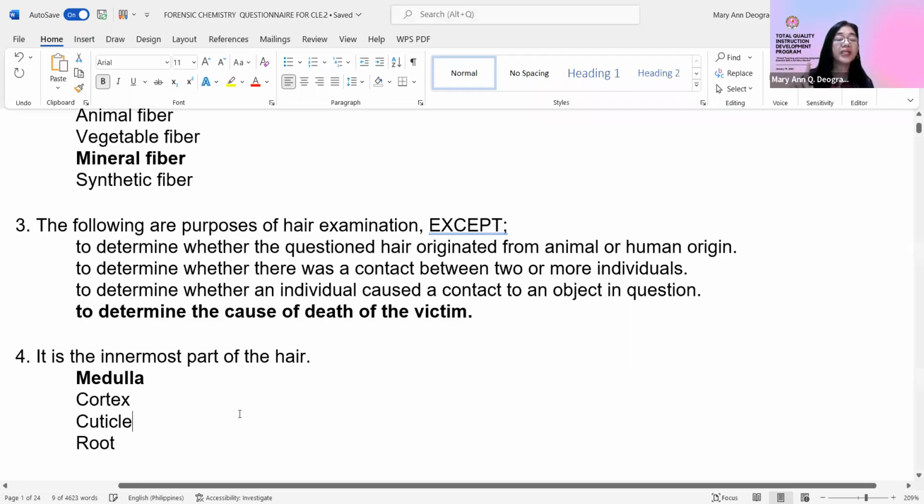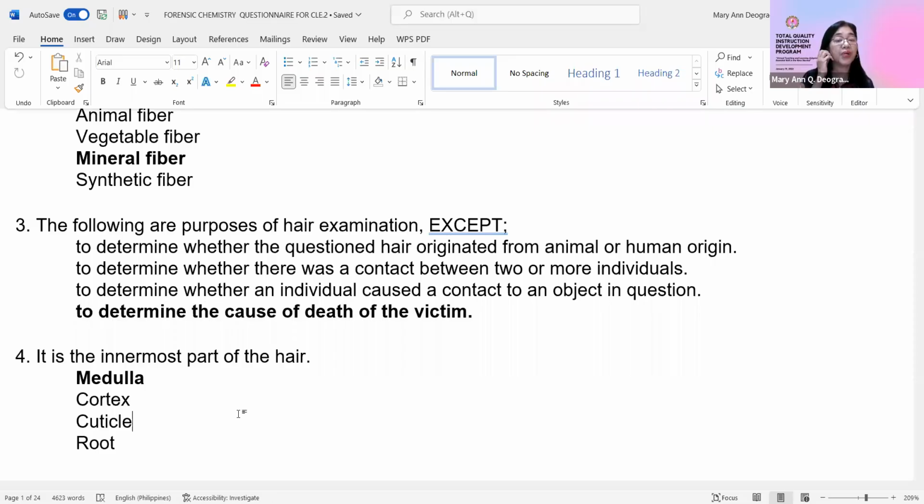Medulla, cortex, and cuticle are the different parts of the shaft, but the medulla is the innermost. It is one way of determining whether hair is from a human or an animal. The difference is that the medulla is always present in animal hair, but it is not always present in human hair.